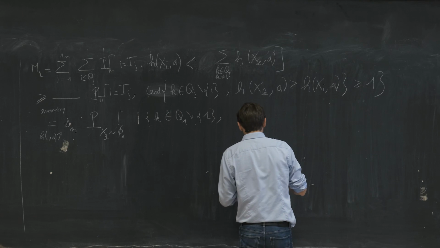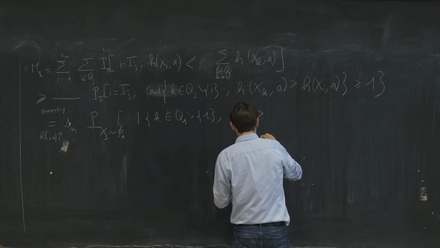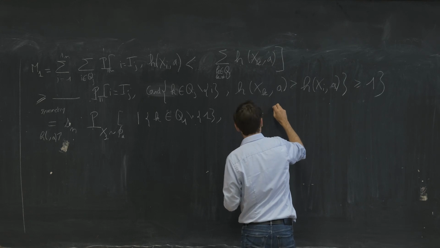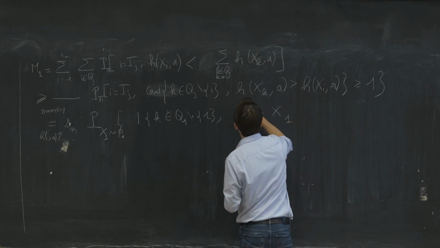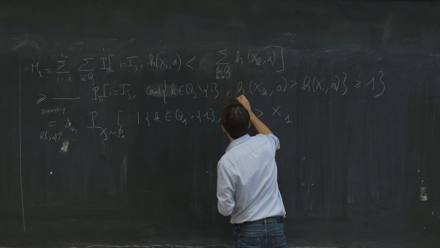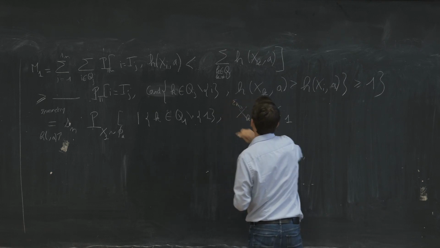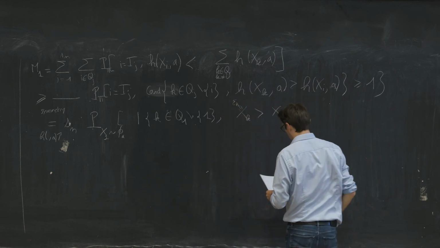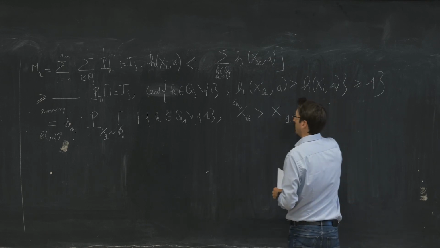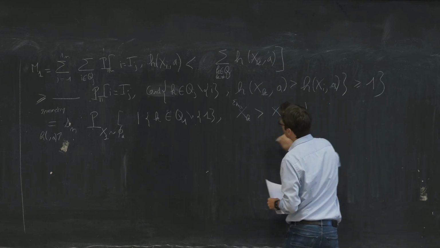So xk here is larger than x1, and since k is not 1, xk has been sampled according just to the noise, so it's epsilon k, and this has cardinality.